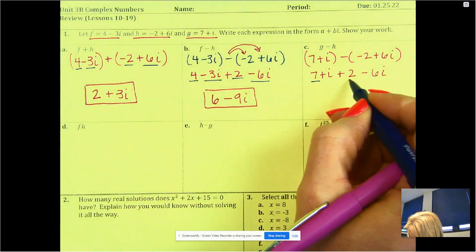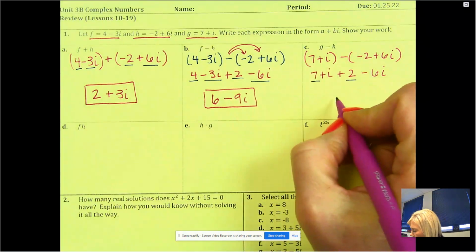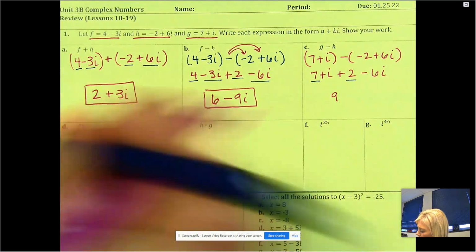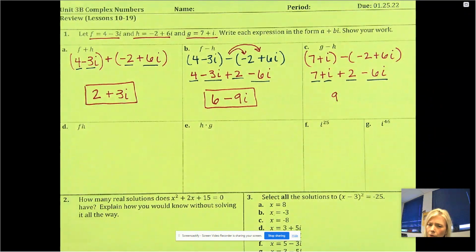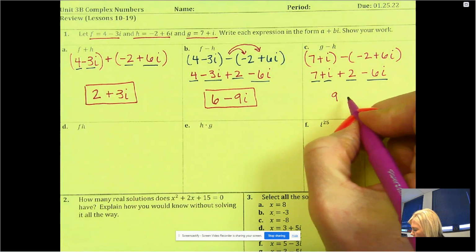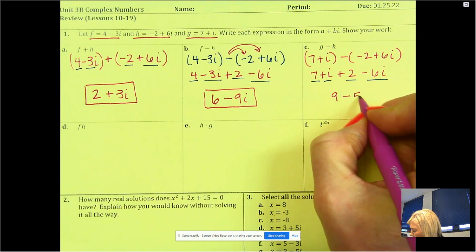So the total of 7 and 2, 7 plus 2 is 9. Those are the real values. And then i minus 6i, it's like 1 minus 6, so negative 5i. So 9 minus 5i.